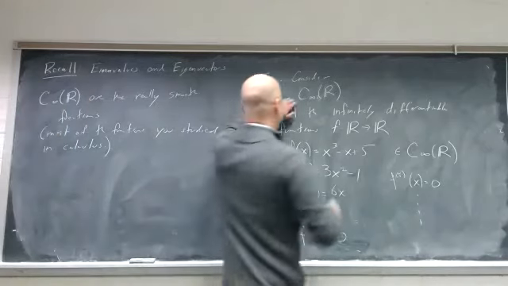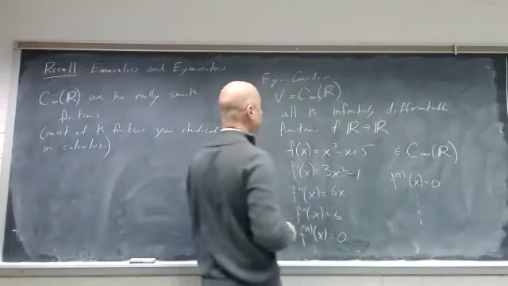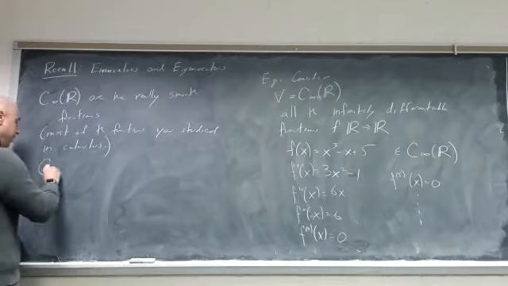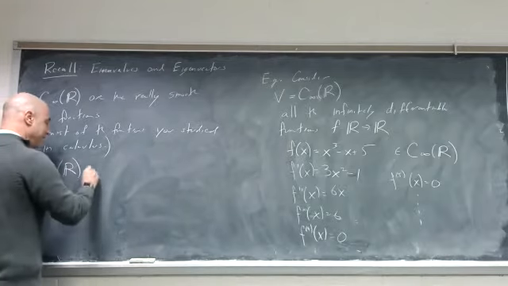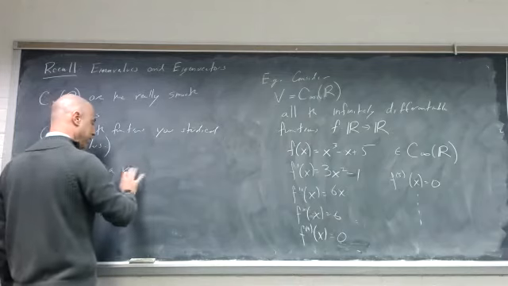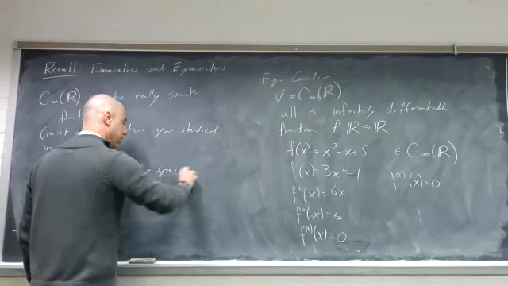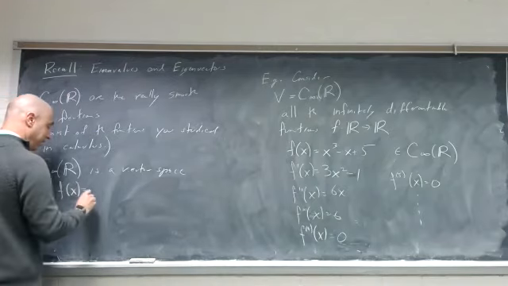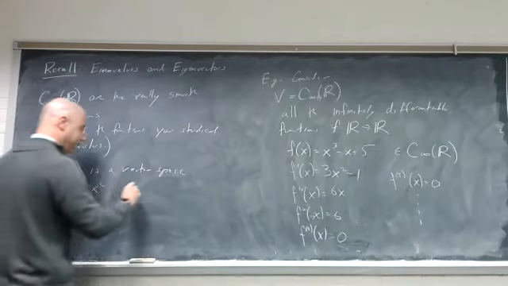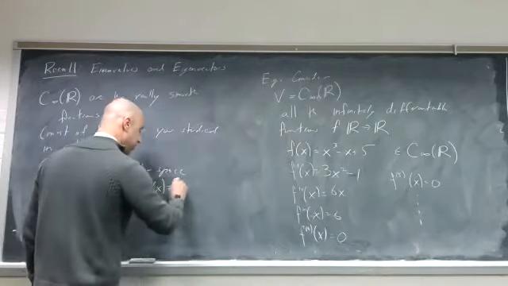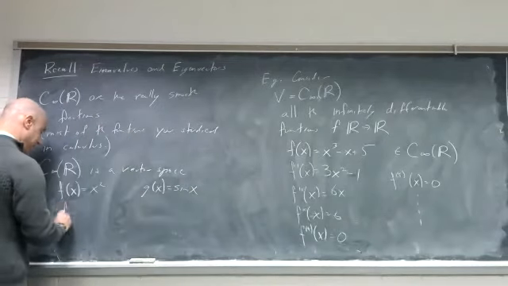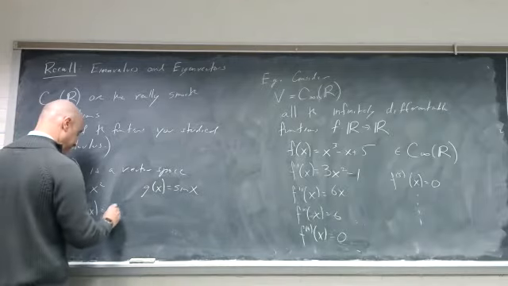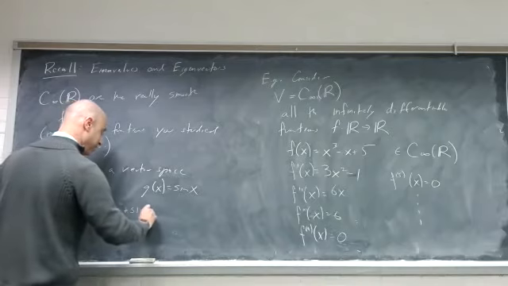So this is my vector space. C infinity of R is a vector space. If I take two really smooth functions, like x squared and sine x, and I add them, this is just x squared plus sine x. You did this in pre-calculus.